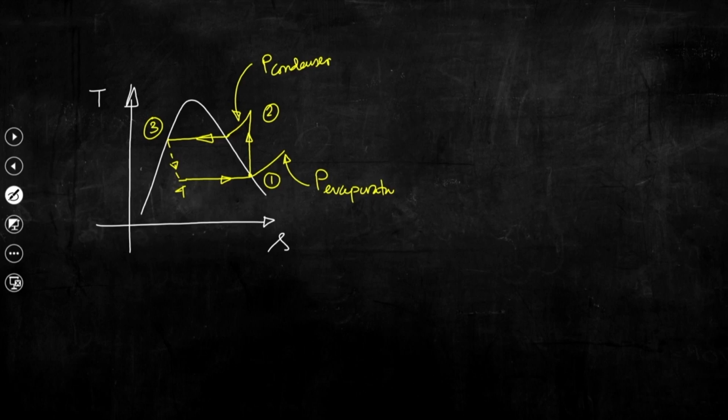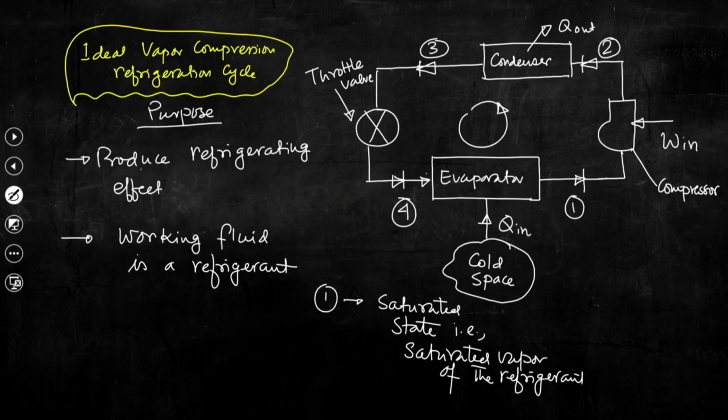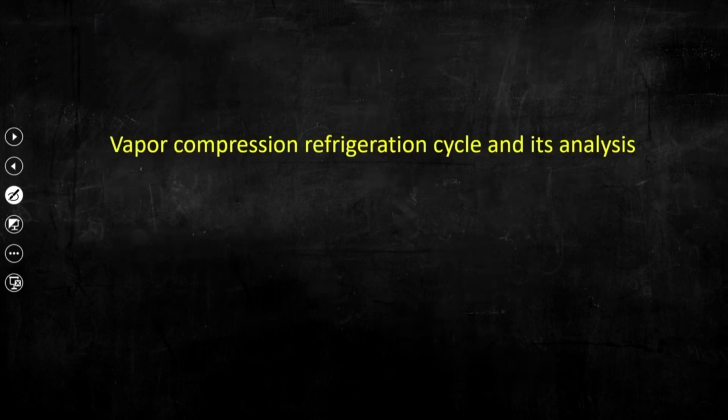What we can understand from this TS plane, also from this schematic depiction of this ideal vapor compression refrigeration cycle, is that the process in this evaporator, essentially the conversion of state point 4 into state point 1, occurs at a constant pressure.